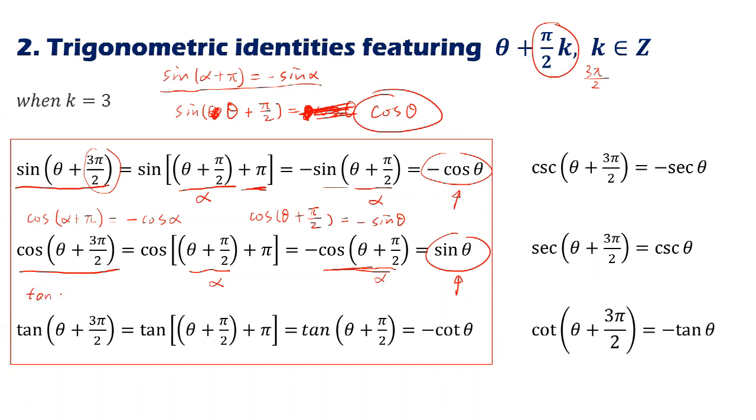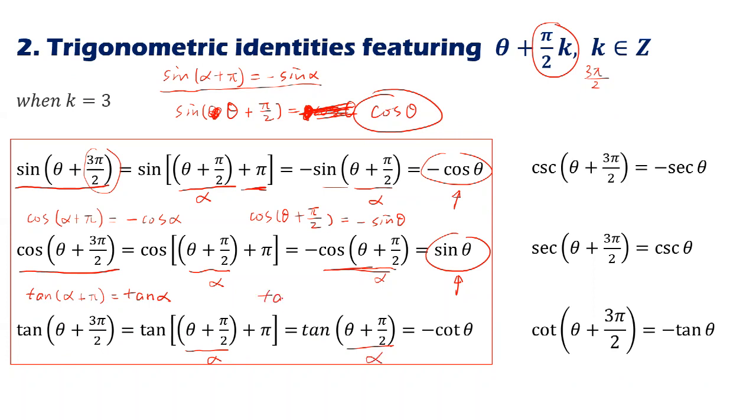So first, we have proved that tangent of theta plus pi is actually tangent theta. Tangent of alpha plus pi is tangent alpha. So suppose this is alpha. Tangent alpha plus pi is actually tangent alpha here, right?